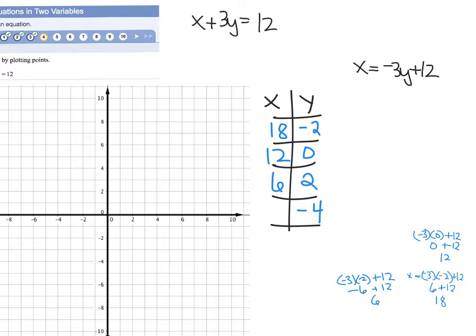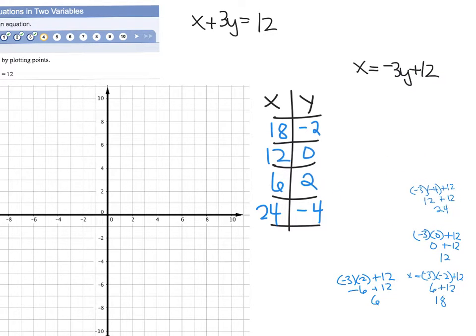And then the last one, y is negative 4. So that gives us negative 3 times negative 4 plus 12. So that gives us 12 plus 12, which is 24. And so that tells us that x is 24 when y is negative 4.